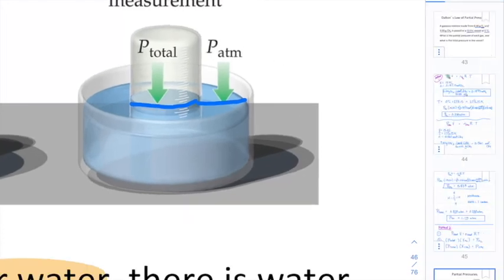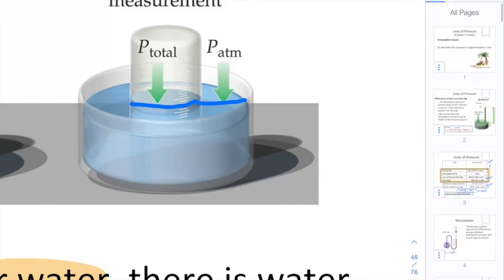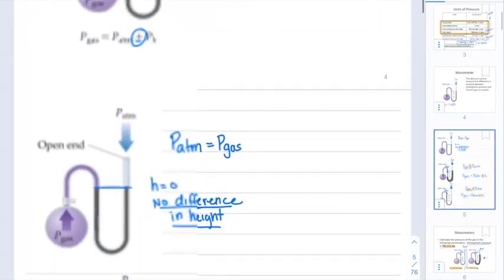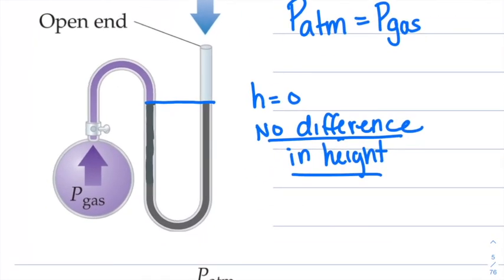And once upon a time, long, long ago when we started the chapter, we said that when we were looking at a manometer, if the level of mercury is the same, the pressure of the atmosphere is the same as the pressure of the gas. So we don't use mercury, we just use water, but it's the same concept. As long as we level them out, as long as we ask you to raise or lower your beaker so it's at the same height as the water in the overall container, the gas inside of your beaker will be the same pressure as the gas in the room.